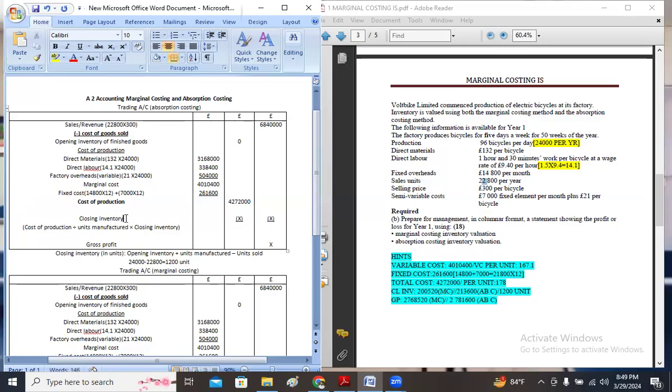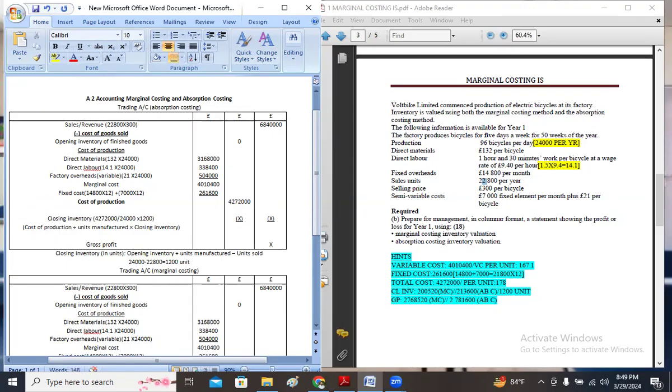So let's value it. What is the cost of production? 4,272,000 divided by the number of units manufactured. So we're actually making an average cost, the cost per unit, multiplied by the 1,200 closing inventory units.